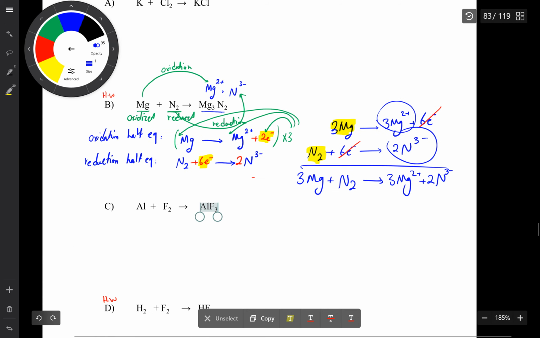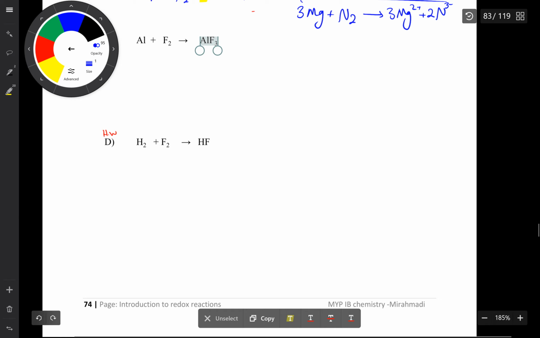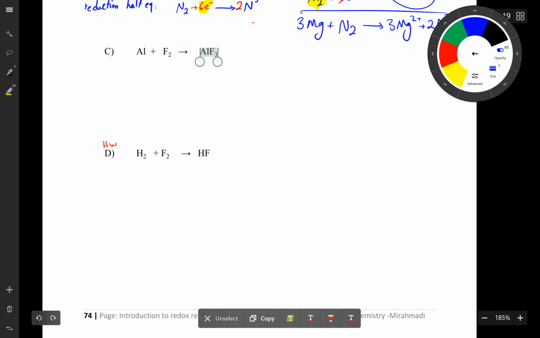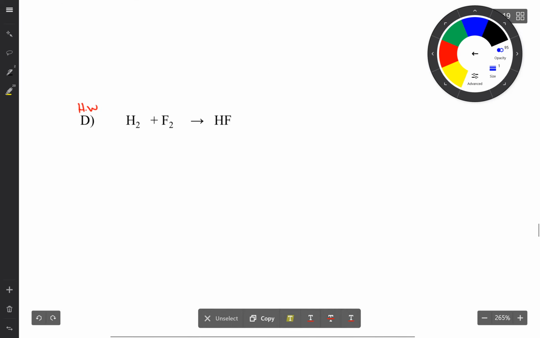Let's move on to the next and the last question in the homework, and that is balancing this equation. Again, on the right side, you have an ionic compound. HF is actually a molecular compound, okay? So you cannot say that we have H plus and F minus, but they share the electrons.